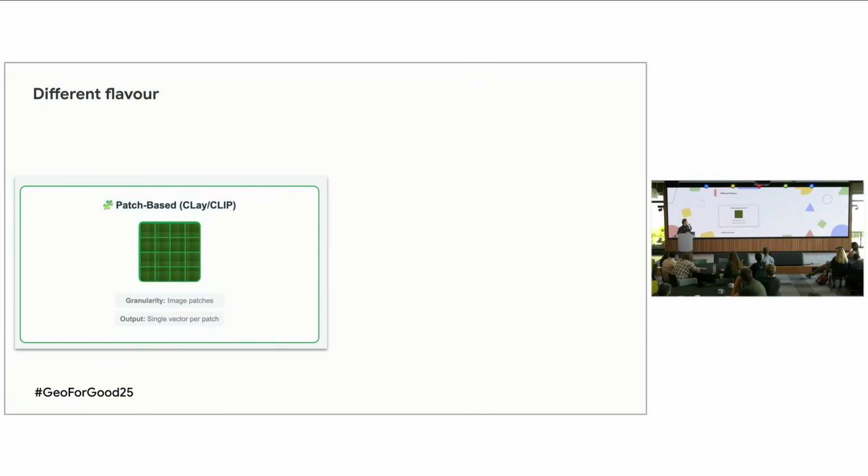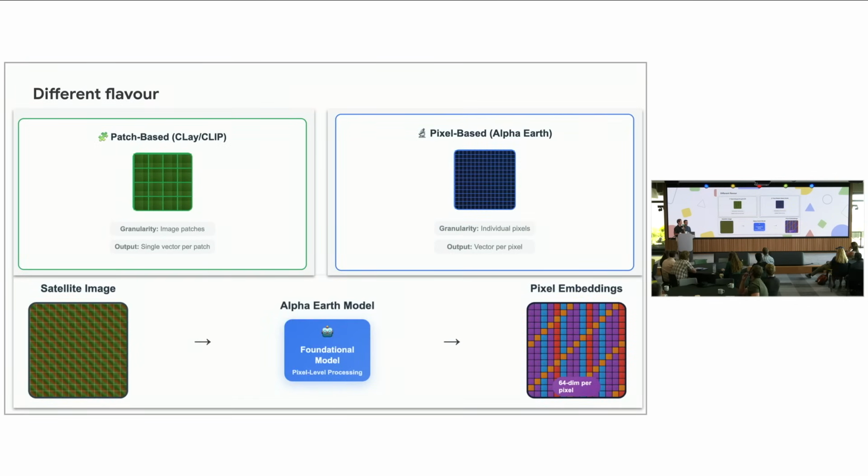So these embeddings that Biplov has been using are patch-based, but we really want to consider also the difference between pixel and patch-based embeddings. And so what we've seen with the Google Satellite embeddings, things that Valerie has already showed, is you can get started right away with pixel-based use cases, but you can also do very little data engineering to pixel-based embeddings to create patch-based use cases like vector search.